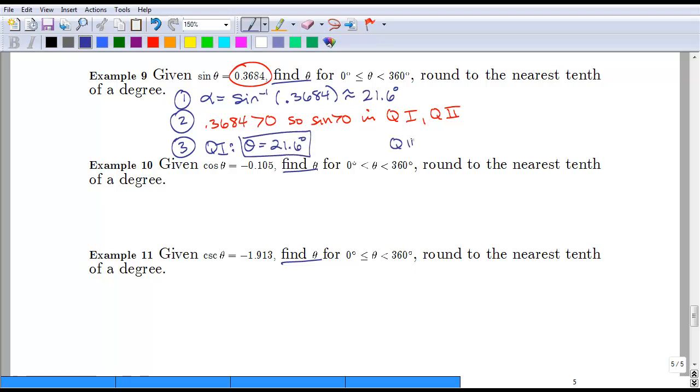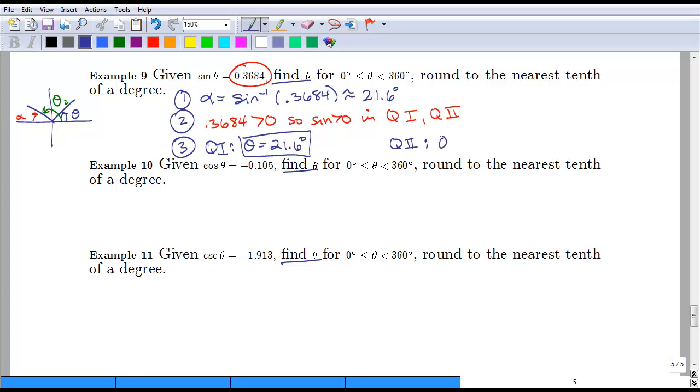In quadrant 2, however, remember, we have our angle here is theta, and then we have our reference angle alpha. So we want to find this angle, we'll call it theta 2, because we're in quadrant 2. Now, again, we're moving backwards off of 180.